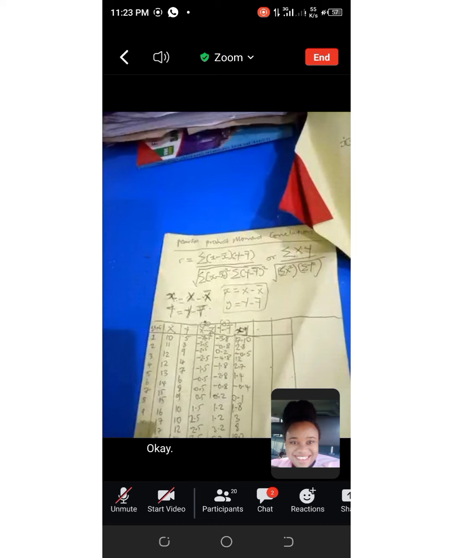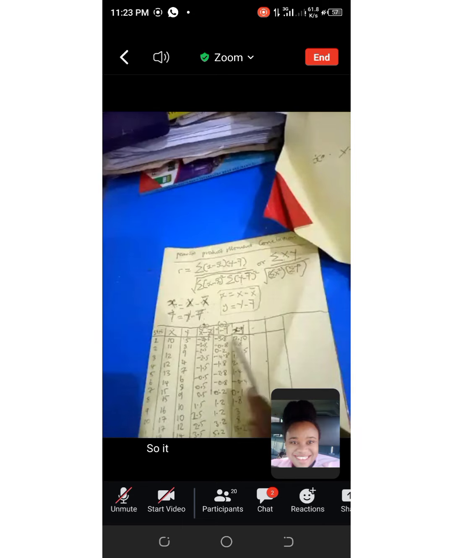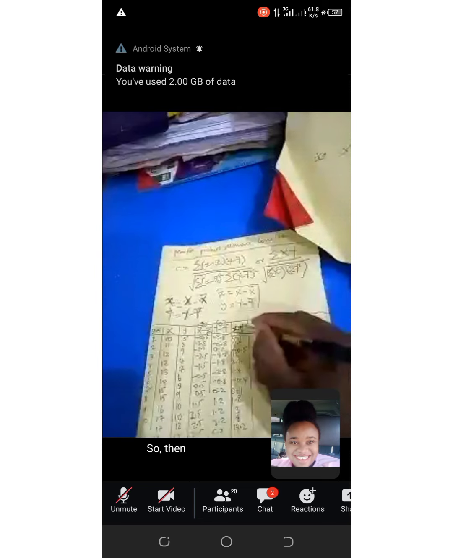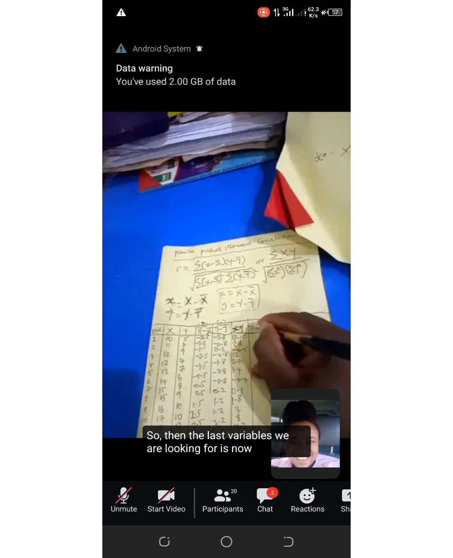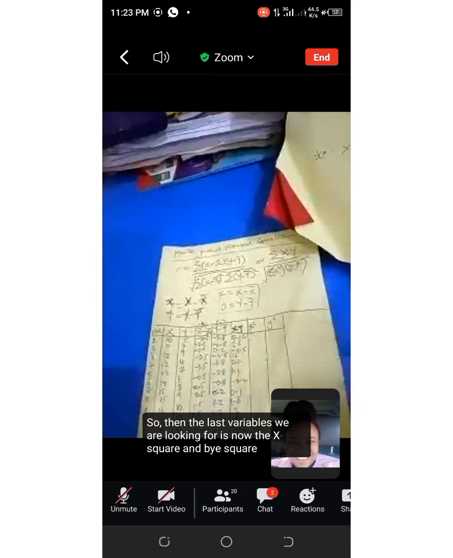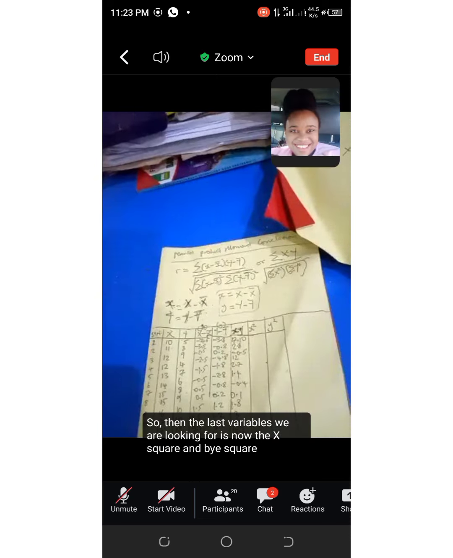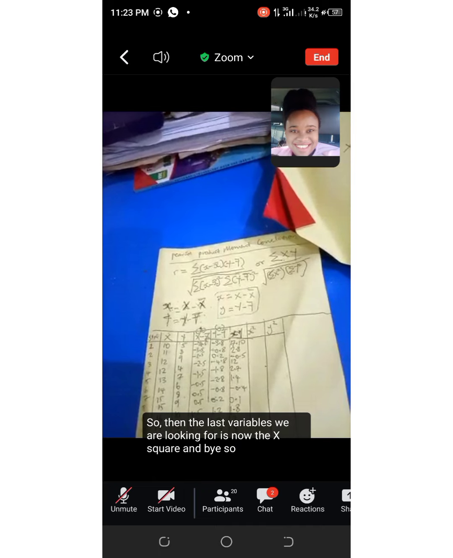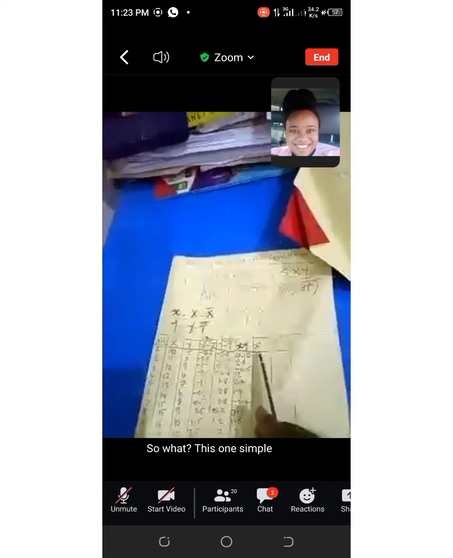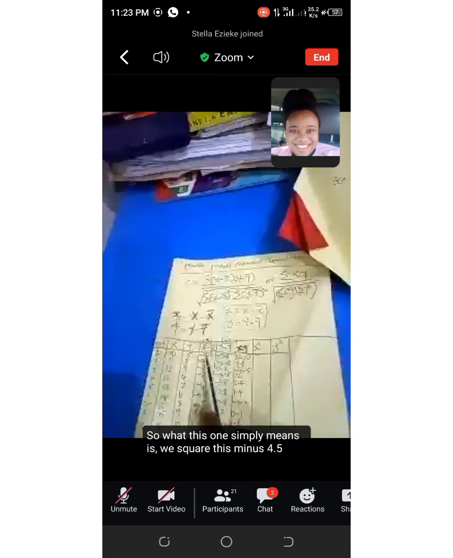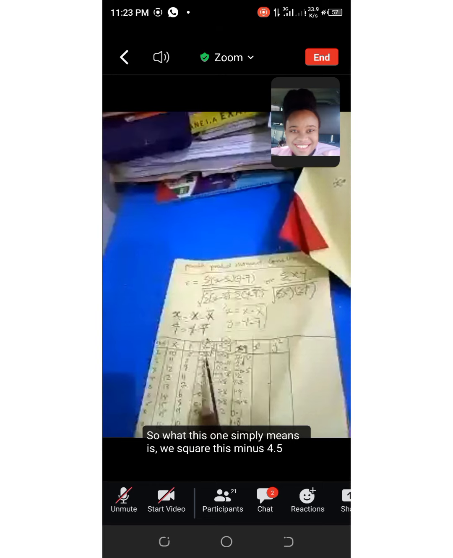Then the last variables we are looking for are now the x square and the y square. What this simply means is we square this: minus 4.5 square, we put the answer here.